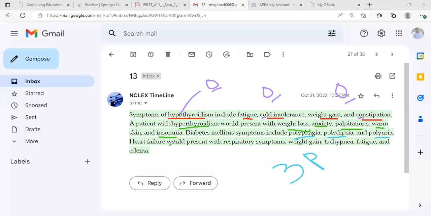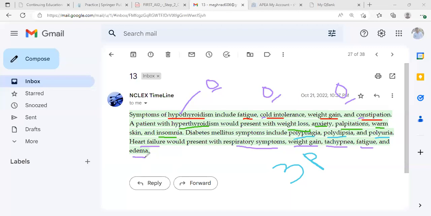A patient with heart failure would present with respiratory symptoms, weight gain because of fluid retention, tachycardia as in hyperthyroidism, fatigue as in hypothyroidism, and edema, fluid retention.